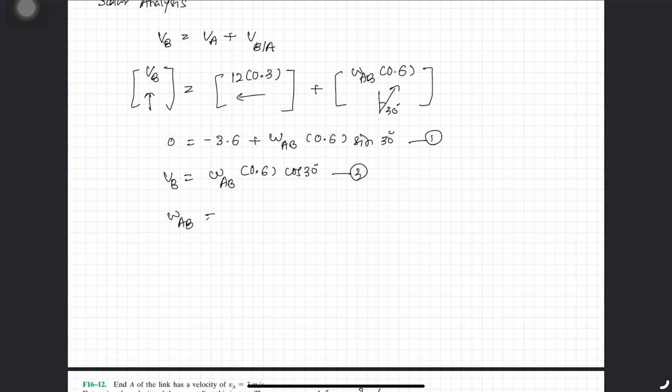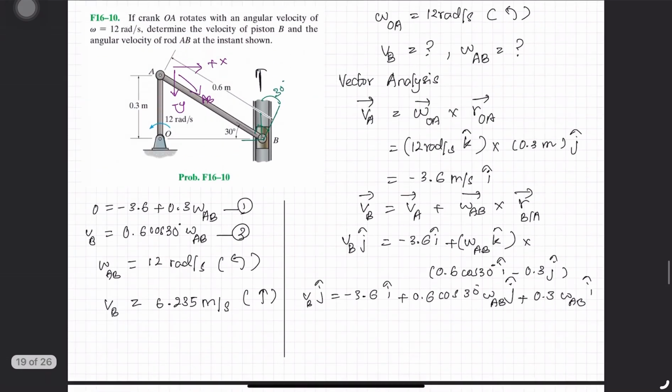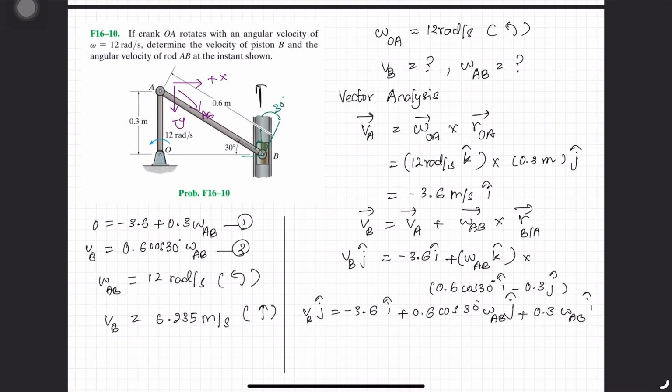By solving these equations, we get the omega AB value of 12 radian per second anticlockwise, and the VB value of 6.235 meter per second in the upward direction. So that is it for scalar analysis. This is the end of this problem.